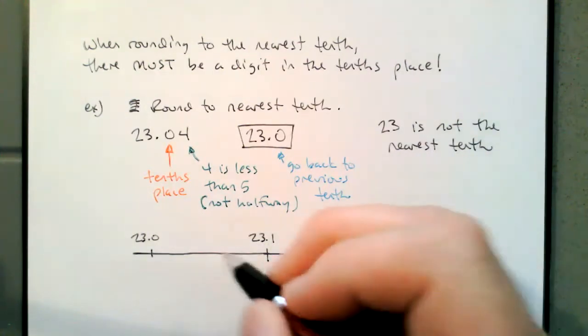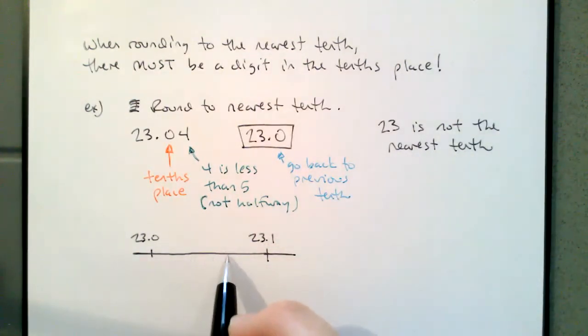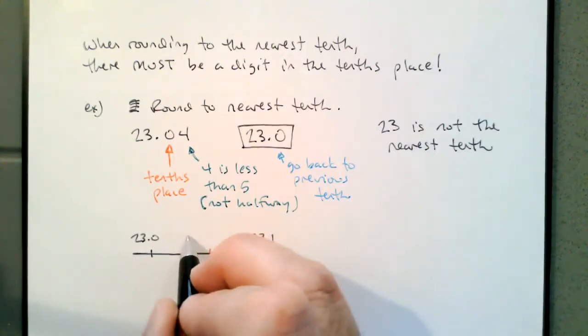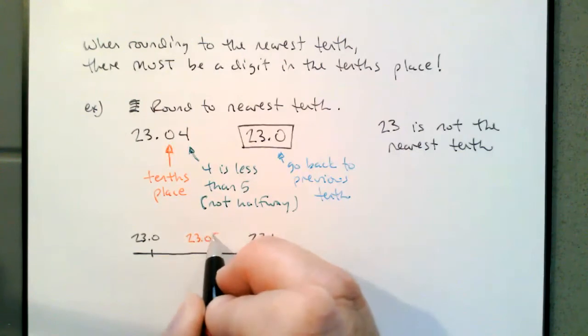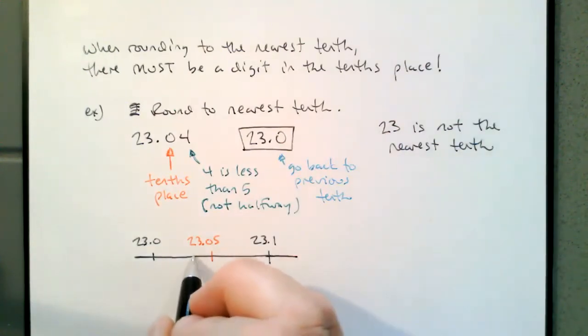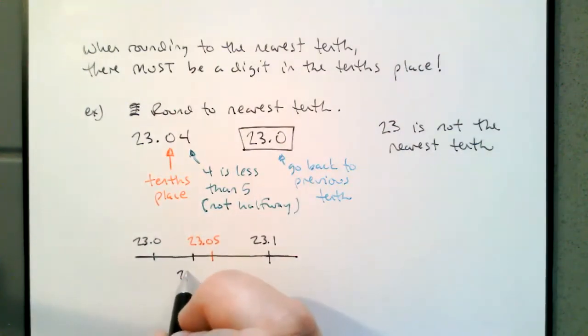Halfway will be at 23.05. 23.04 is closer to the 23.0.